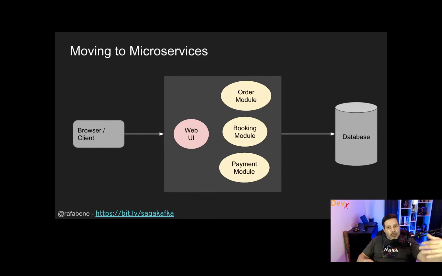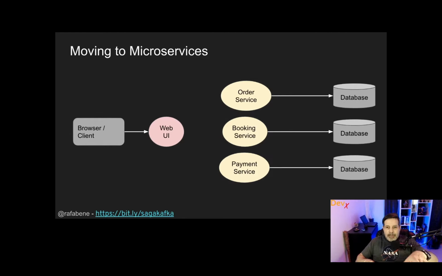But when you decide to move to microservices, you will have a little bit different architecture. Instead of a single database, you will have one database per service, and that's kind of mandatory, because otherwise you will not have the agility that you need to justify having a cloud native application.